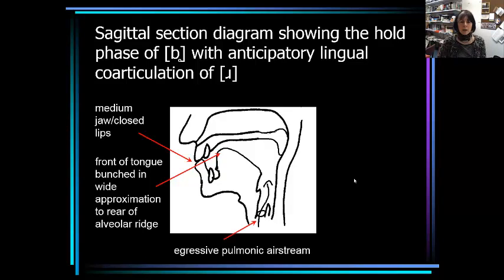I'm showing egressive pulmonic airstream here. I'm showing the glottis open, the vocal folds are open there, and that's because when I'm articulating the first part of this consonant before the voicing starts, I haven't got any voicing because it is devoiced. And I'm also showing velic closure.